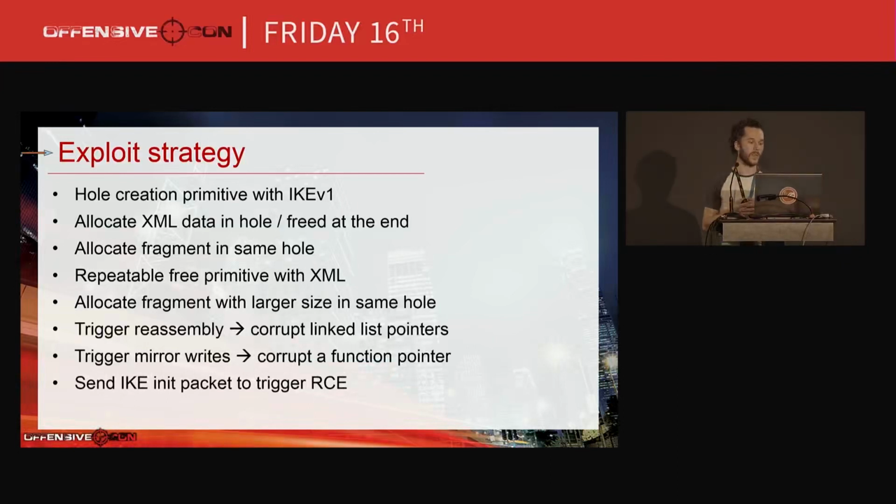Then we want to corrupt some data on the heap in order to create a confusion state, and then overflow some memory in order to overwrite the pointers that we want the mirror write primitives of. So it's quite a complicated process, so I'm going to explain how to work from nothing, no primitive, and build primitives one on top of the other.